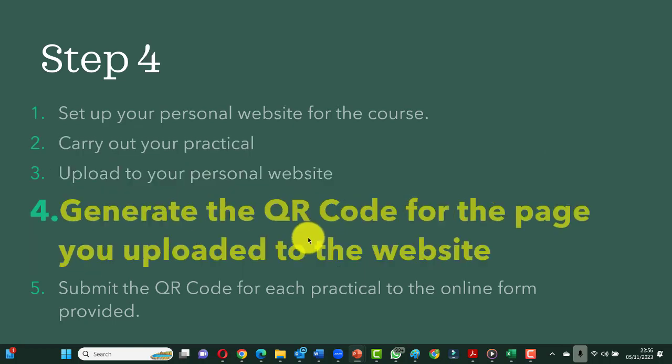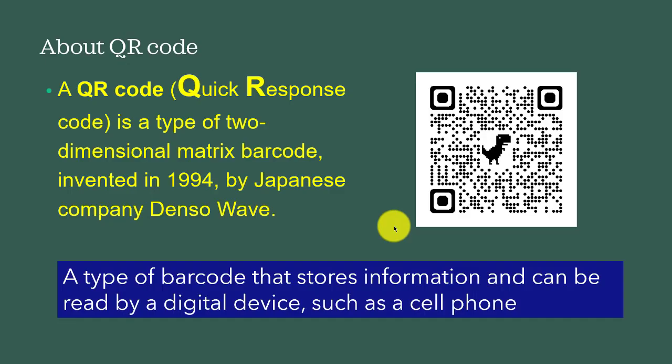We've done this one. So step 4 is to generate the QR code for the page you uploaded to the website. So let's get that one done. So QR, well, Q is quick, R is response. So QR code is quick response code.